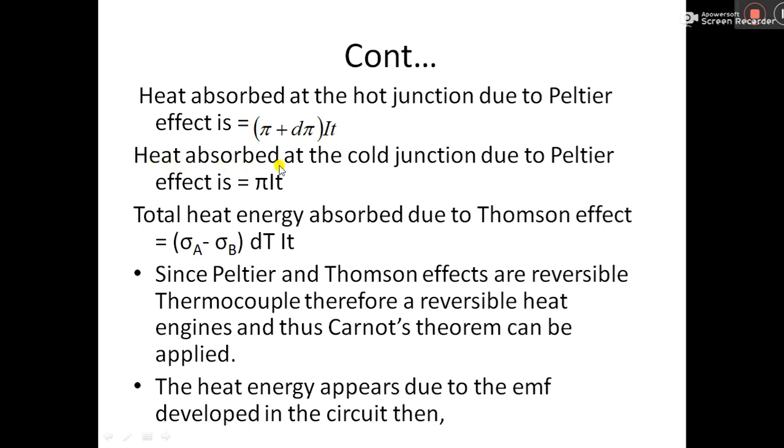Heat absorbed at the cold junction due to Peltier effect is pi I into T. Total heat energy absorbed due to the Thomson effect is given by sigma A minus sigma B dt into I into T. Since Peltier and Thomson effects are reversible, the thermocouple is a reversible heat engine, and thus Carnot's theorem can be applied for this. The heat energy appears due to the EMF developed in the circuit.